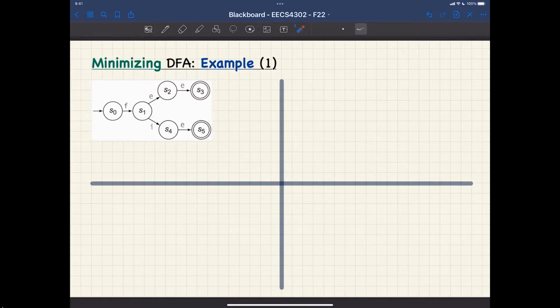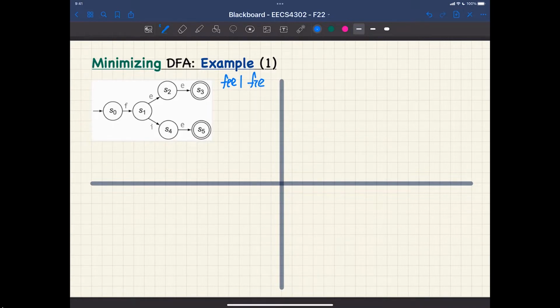Two: either FEE or FIE. Agree? At least you can see that. Either FEE or FIE. I can tell you that ultimately we'll show this DFA, recognizing FEE or FIE, can be optimized, meaning that we can reduce the number of states. That's what we're going to do.